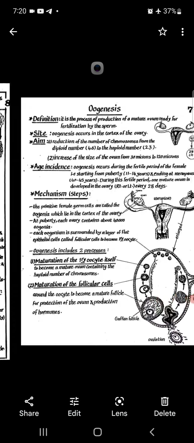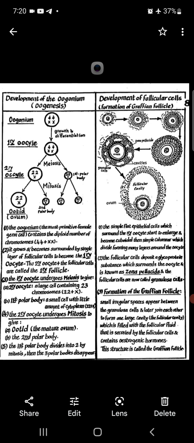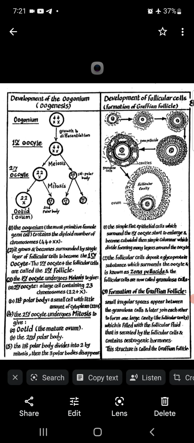Now, the first process is the development of the oogonium, or oogenesis. Now come to the steps.